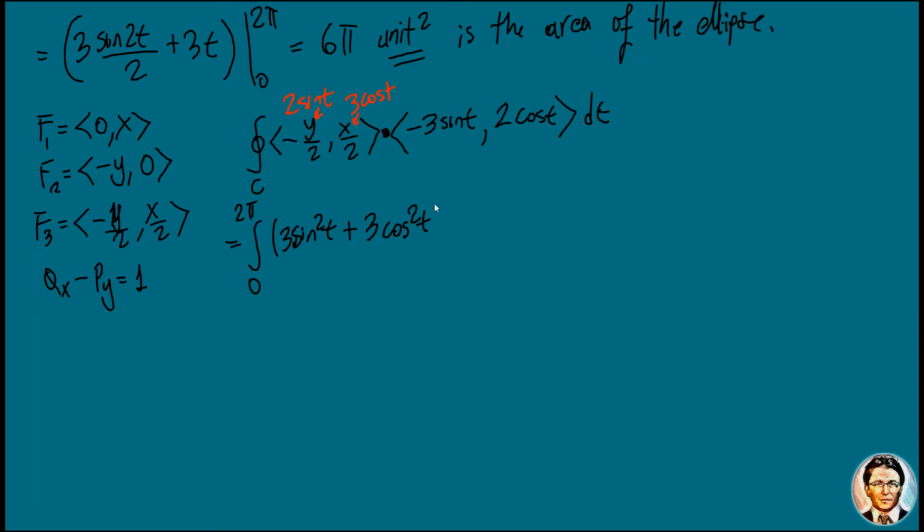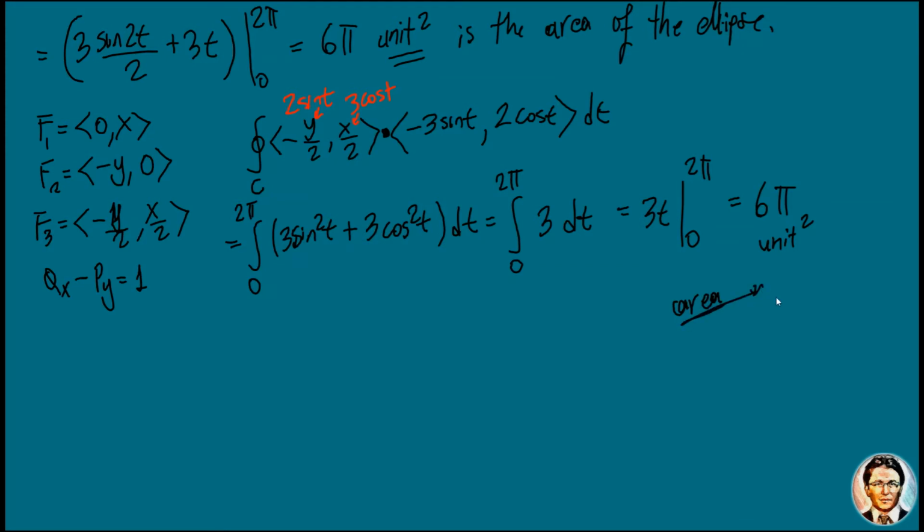So it became a simpler integral actually. Sine square plus cosine square is 1, so we have just 0 to 2 pi of 3 times 1, 3 dt, and this integral is 3t from 0 to 2 pi. You have just 6 pi unit squares as the area of this ellipse.